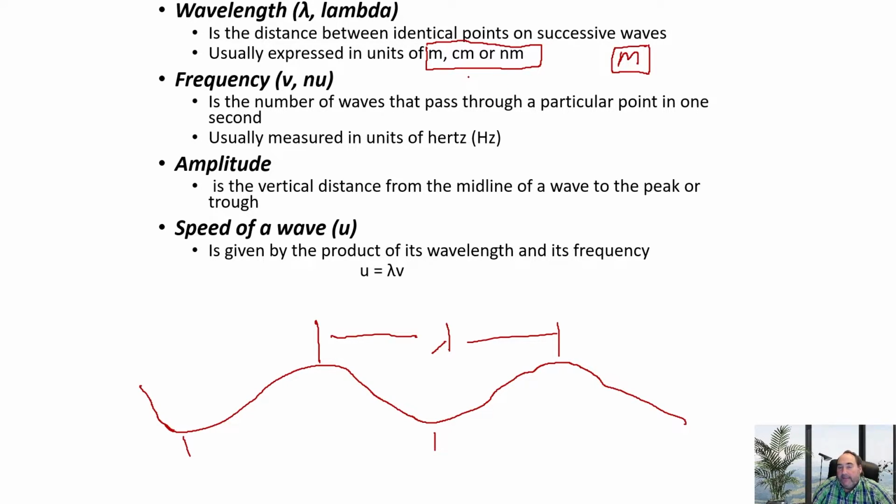Reminder that centi, right, are centimeters. There's basically 100 centimeters in 1 meter. Also, nano, right, is 10 to the minus 9. So in 1 nanometer, there would be 10 to the minus 9 meters.